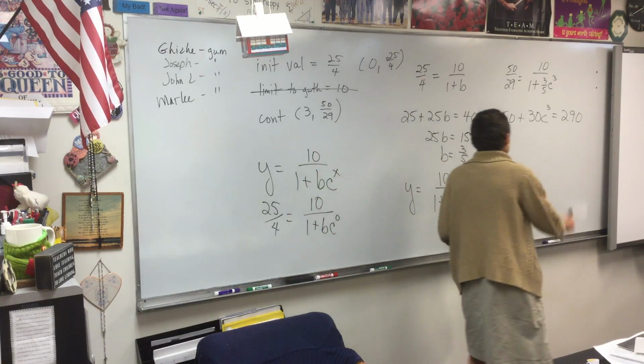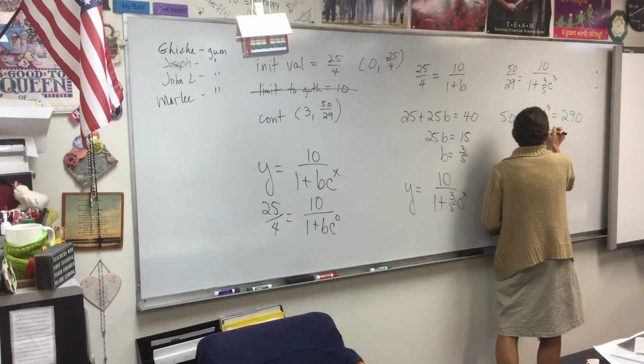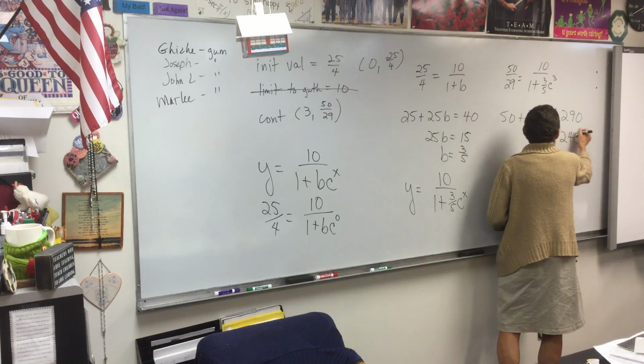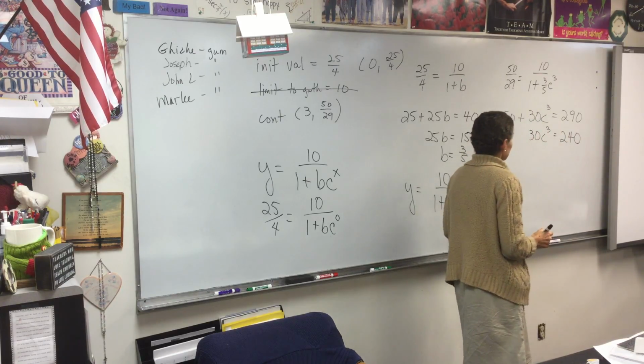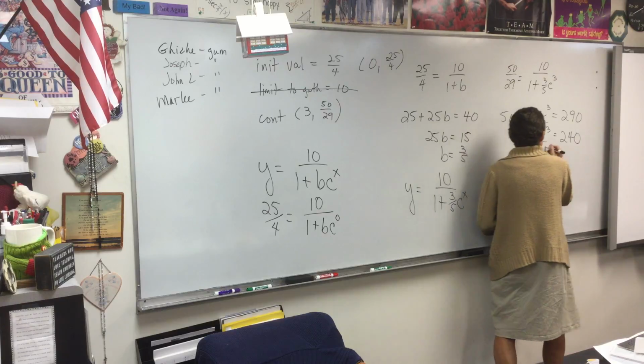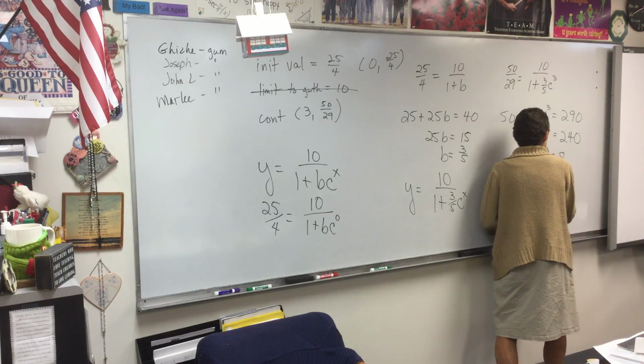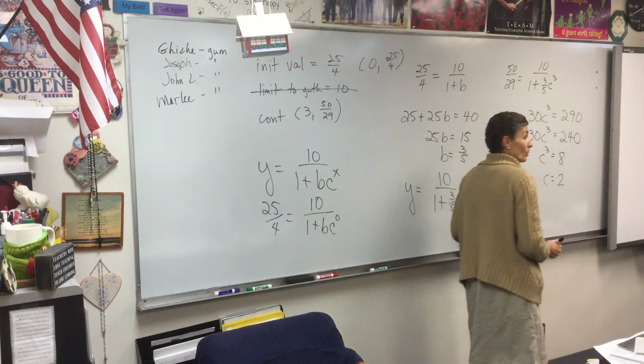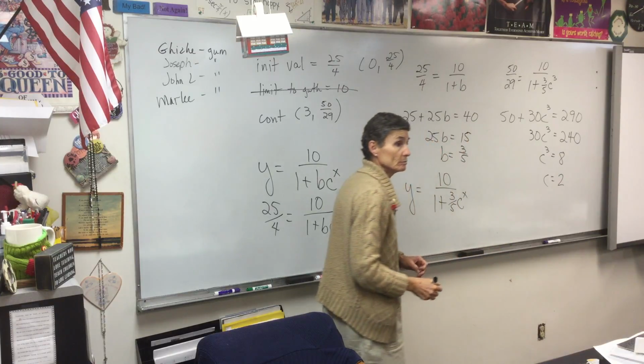So 30 c cubed equals 240. C cubed equals 8. Oh, isn't that lovely? So c equals 2.